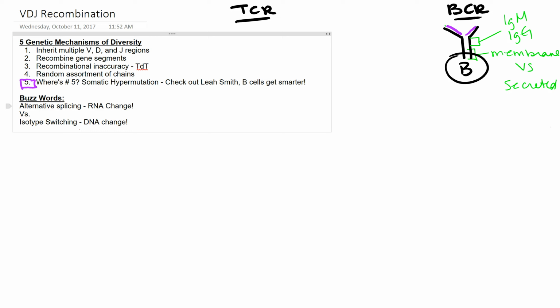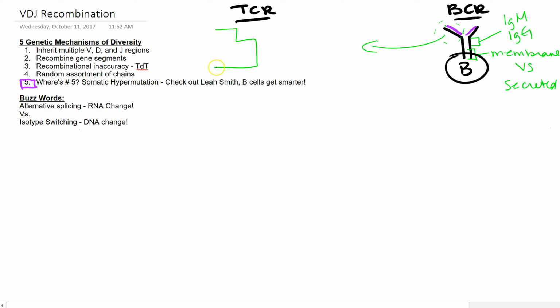Okay, so when we talk about T-cell receptors, it's actually not that different. It's almost like you took this little piece of the B-cell receptor, just this antigen binding piece, and moved it over here to be a T-cell. Now, obviously, they're very different in structure, but the concept is the same. In the B-cell, we have a heavy chain and a light chain, right? And that's what I showed here.